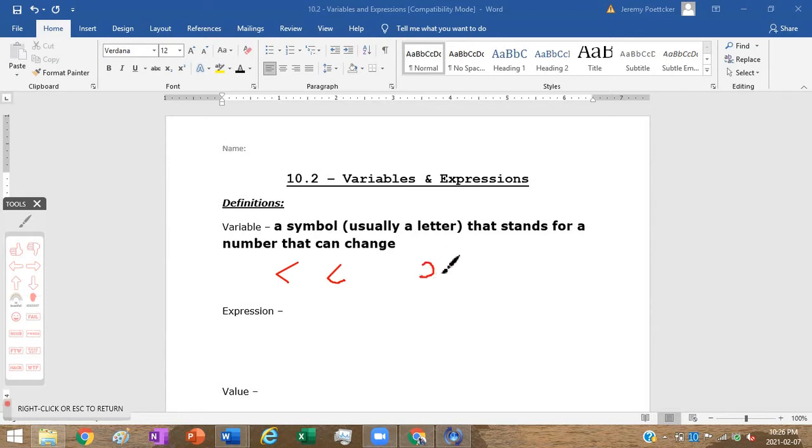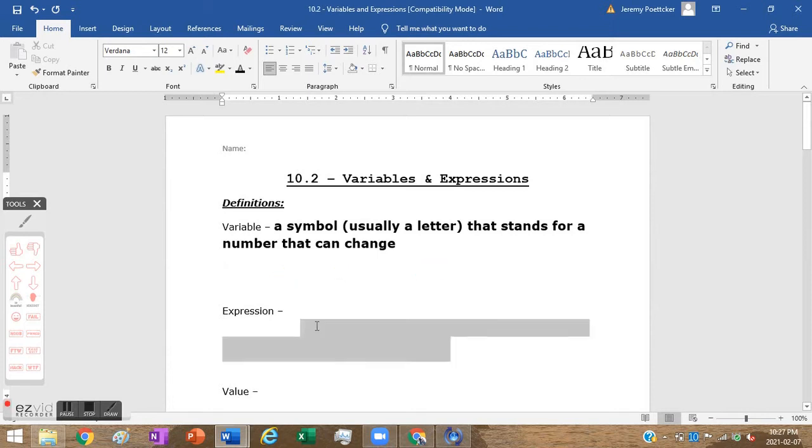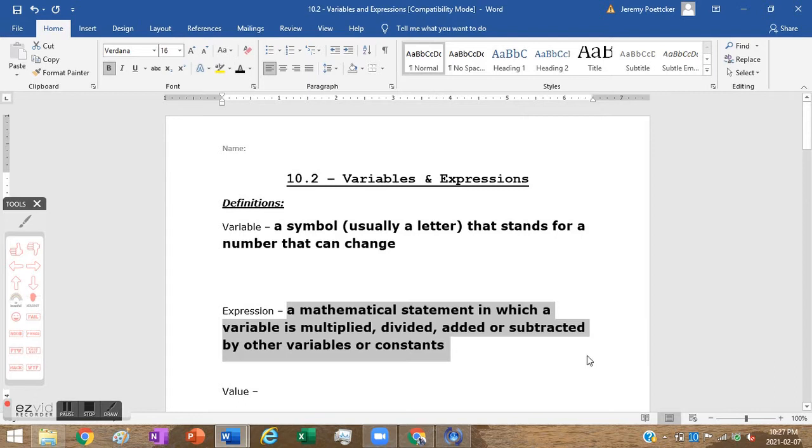An expression. So an expression is some kind of a mathematical statement in which a variable is multiplied, divided, added, or subtracted by other variables or constants. The important thing is that there is no equal sign in an expression.